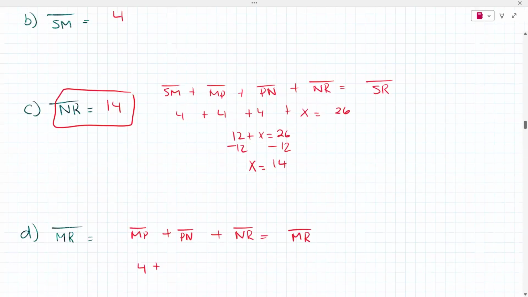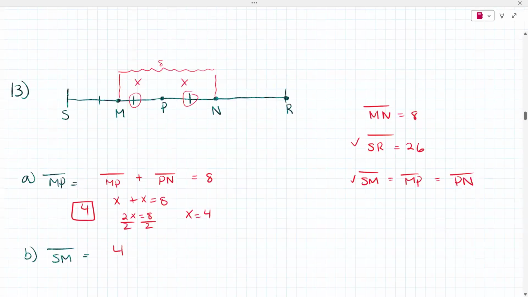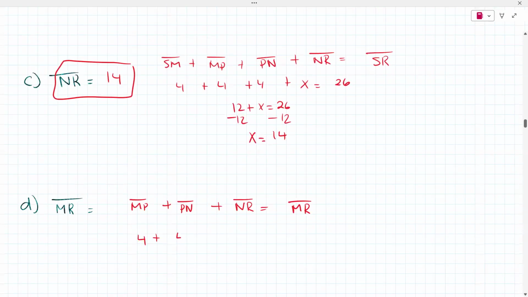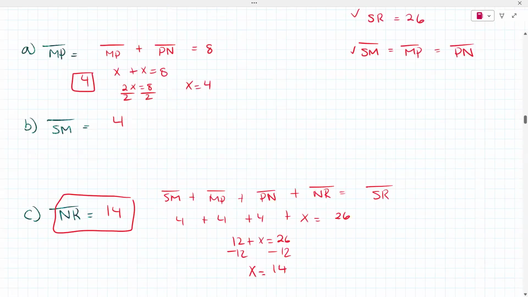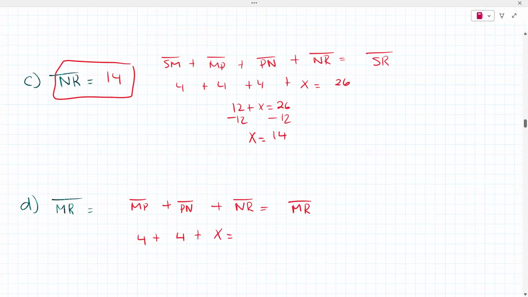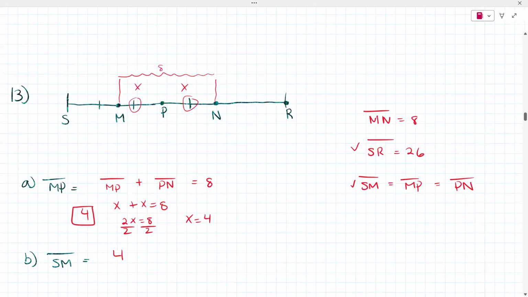We know the distance of PN is 4 as well. Do we know the distance of NR? No, we don't.